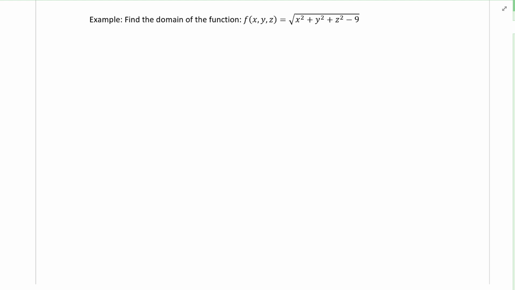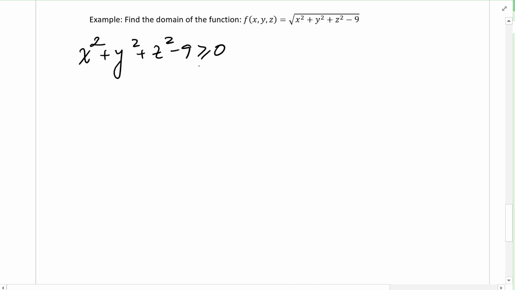Let's take a look at a function in 3 variables. Find the domain of f of x, y, z, where we have x squared plus y squared plus z squared minus 9 greater than or equal to 0.